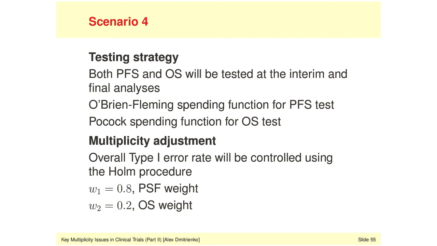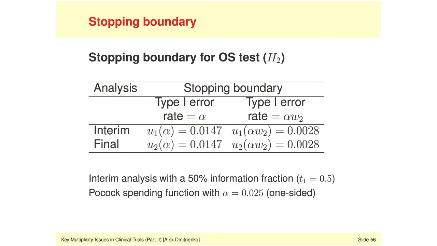Assuming that the same multiplicity adjustment based on the Holm procedure is going to be used, the weight will be set to 0.8 for progression-free survival and to 0.2 for overall survival. The decision rules will be derived in exactly the same fashion as in scenario 3. The only difference here is that we'll need to compute the adjusted significance levels for the overall survival test differently, because here we assume a different spending function.